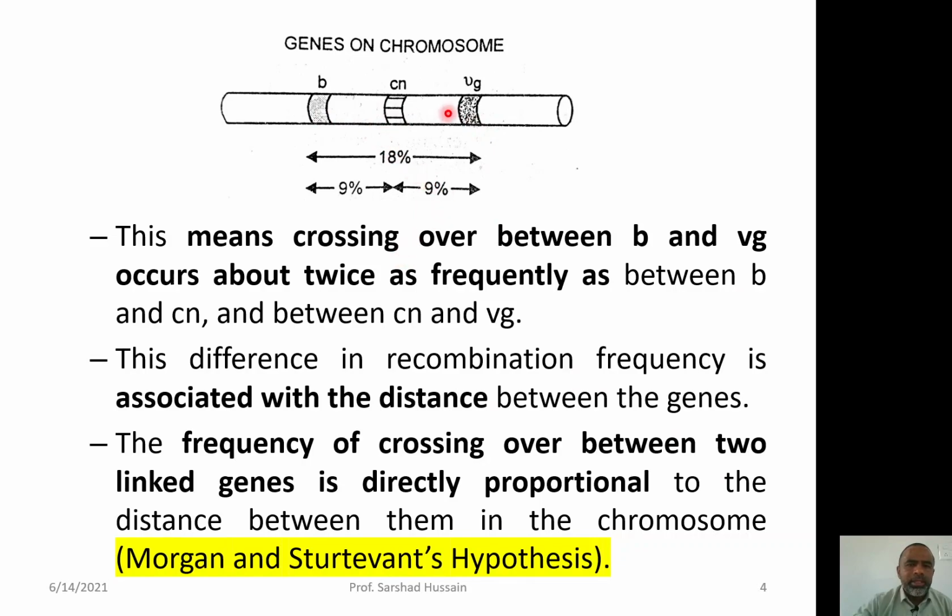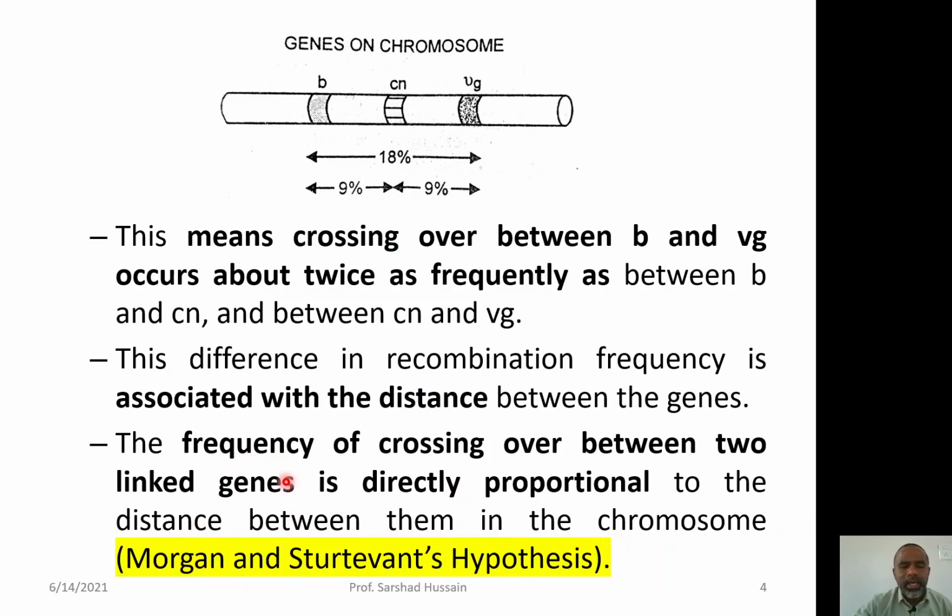So, it means distance matters a lot. If the distance is more, then the recombination will be more. If the distance is less, the recombination will be less. So, you can say that the frequency of crossing over between two linked genes is directly proportional to the distance between them, and this is actually Morgan and Sturtevant's hypothesis.